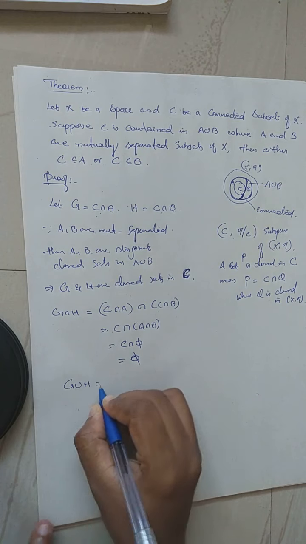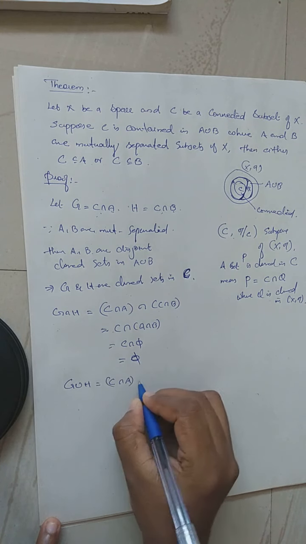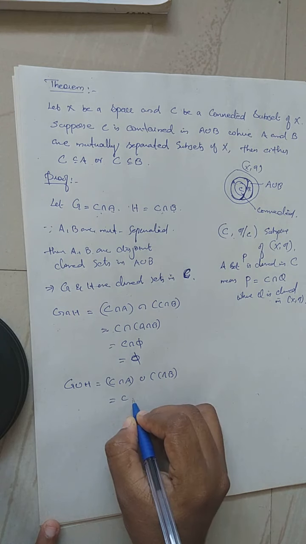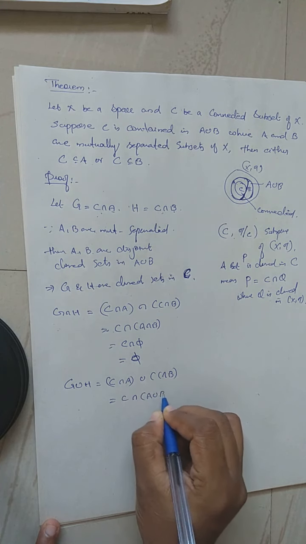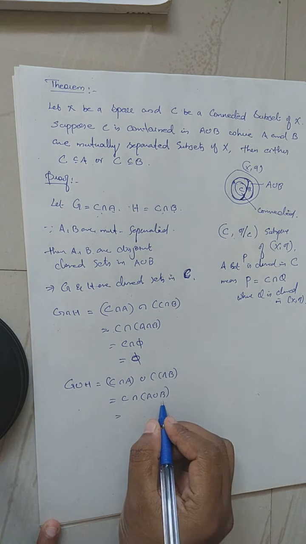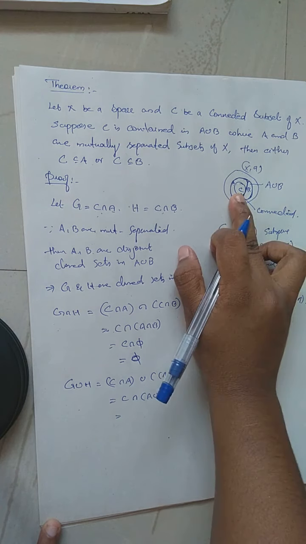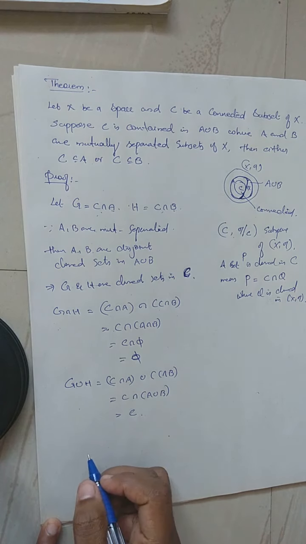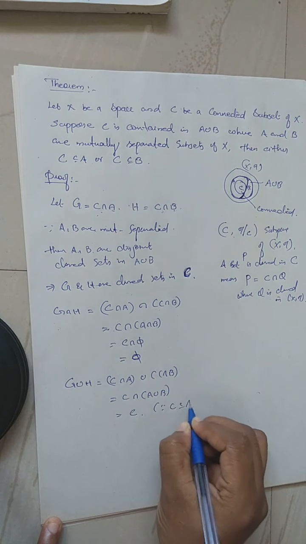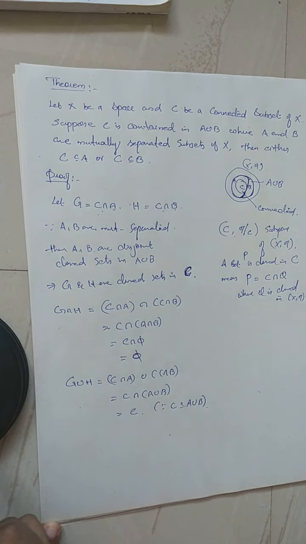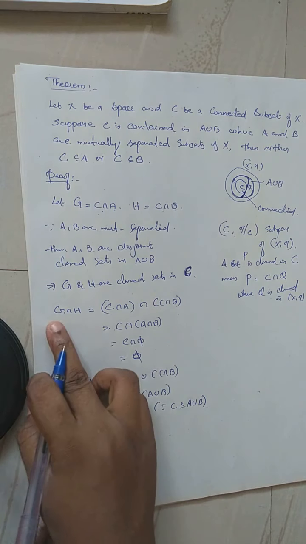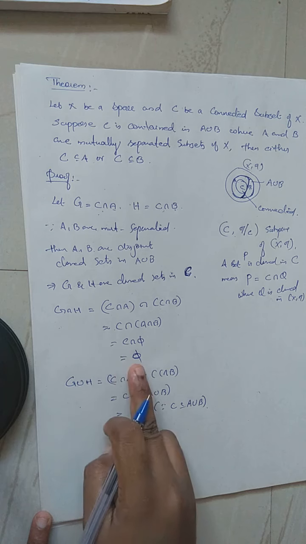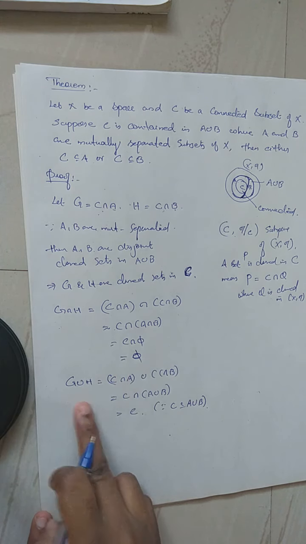G union H is equal to C intersection A union C intersection B, which is equal to C intersection A union B. Since C is contained in A union B, C intersection A union B is C. So what do you get now? G and H are two closed sets in C, their intersection is empty, and their union equals C.